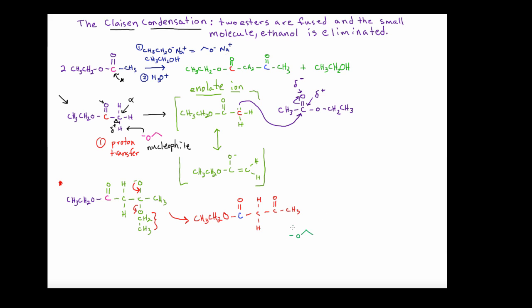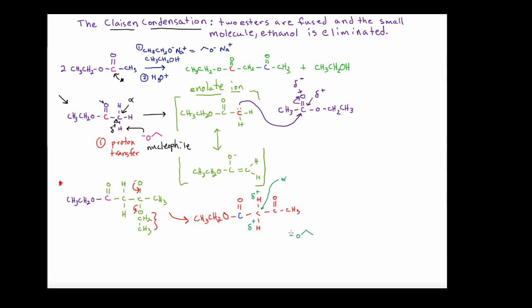Remember, this carbon here is an alpha carbon. It's now literally sitting between two carbonyl functional groups, so both of these hydrogens are acidic. Let me go ahead and put the partial positive charges on these.